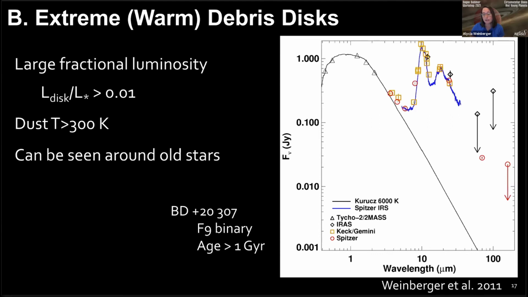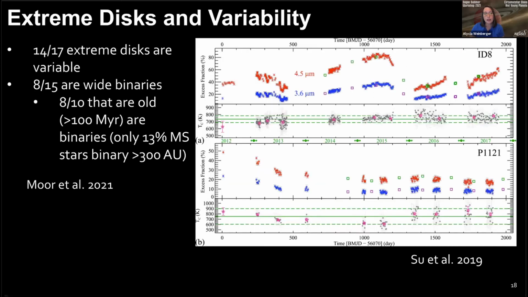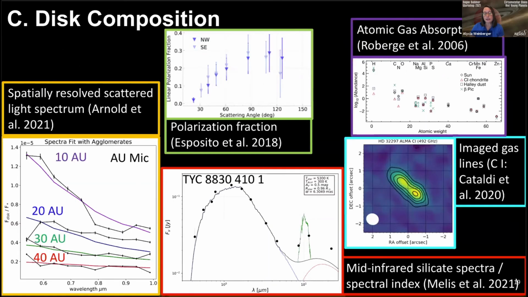So this is telling us something really interesting about the persistence of planetesimals and how they can be disrupted over time. And third, that we can learn a lot, as I said at the beginning, about the composition of systems from looking at all the different ways we can observe the disks. So there are lots of different ways of measuring the composition, and I go into those a little bit more in a full version of this talk.